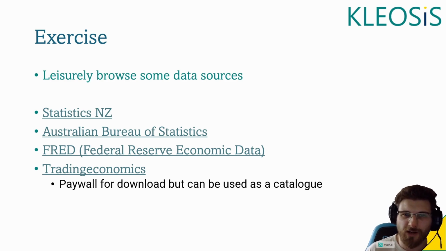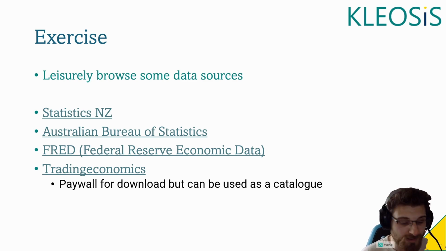So maybe area we'll leave for a community forum discussion, or maybe we can have a webinar or something. We will go through it in future, but just not in this module. But I want you to leisurely browse some data sources. You've got Statistics New Zealand, the Australian Bureau of Statistics, FRED, which is the Federal Reserve Economic Data, and Trading Economics. So we'll quickly go look at these websites.